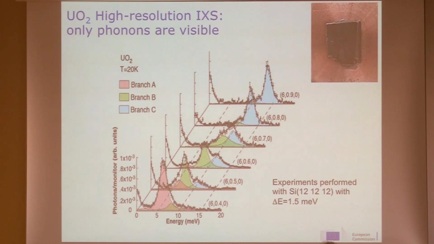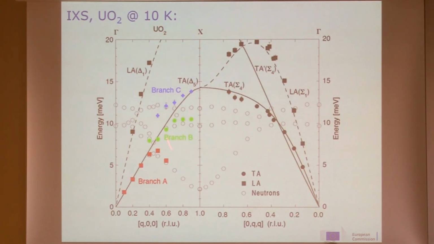And as you see, instead of 1 phonon, we observe 3 excitations that are colored here with red, blue, and so on. You can follow these points, and these are the dispersion of the three features that you observe.